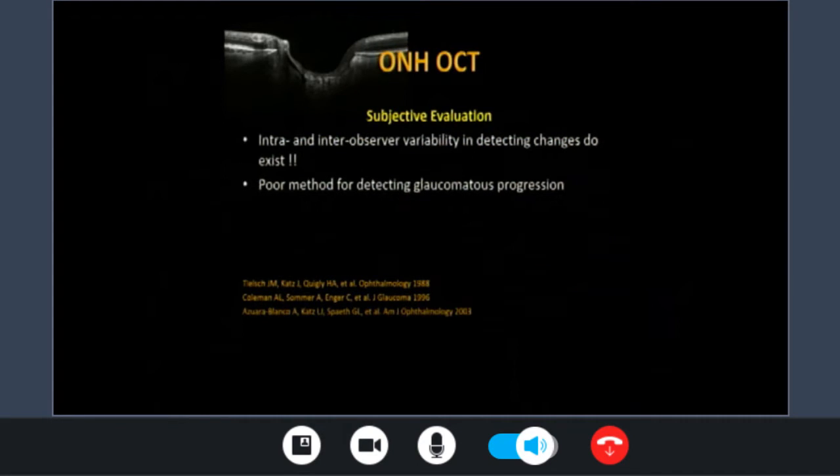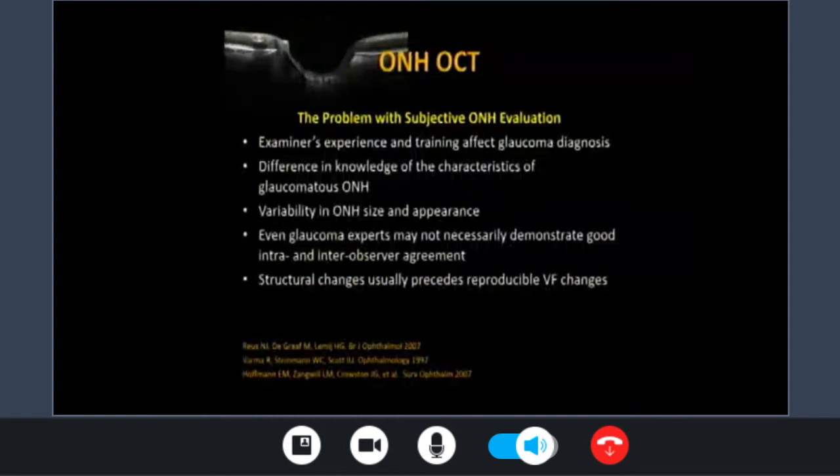There is also another issue, that the clinical examination is a poor method for detecting glaucomatous progression as well, unless you have a proper documentation by disc photography. So the problem with subjective optic nerve head evaluation is that it depends on the examiner's experience and training. It is also affected by the difference in knowledge and characteristics of glaucomatous optic nerve head damage.